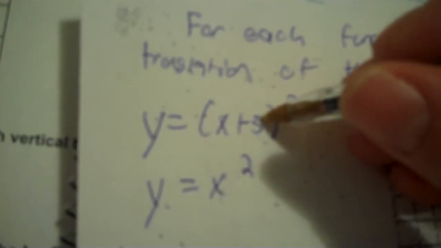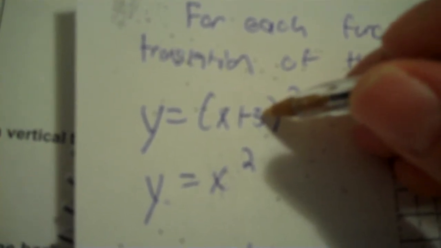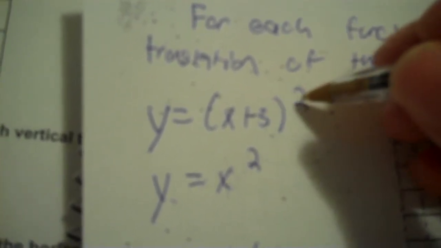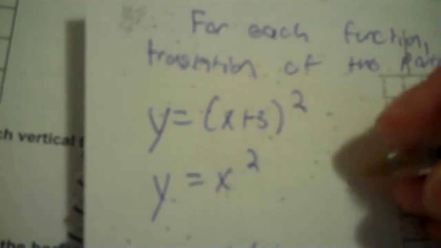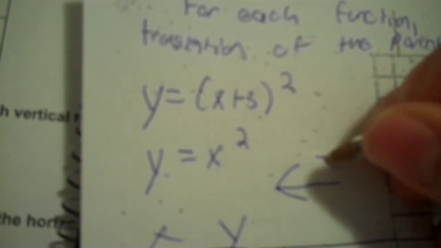Whenever the plus 3 or minus whatever is grouped in a parentheses, an absolute value, whatever, you're thinking left, right, and you're thinking opposite, okay? So normally I think a plus 3 is this way, but I need to do the opposite of plus 3, which is this way, 3. Okay, that's the translation.